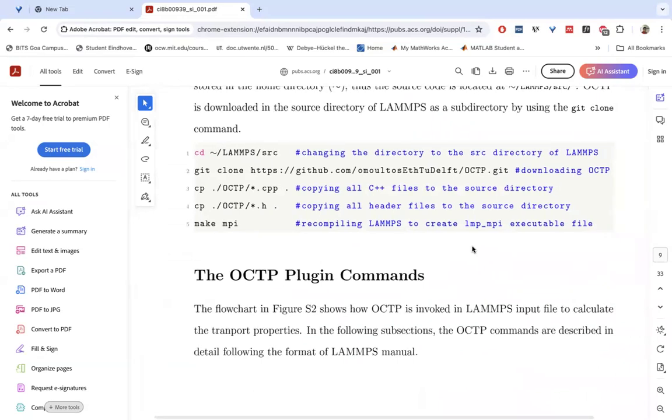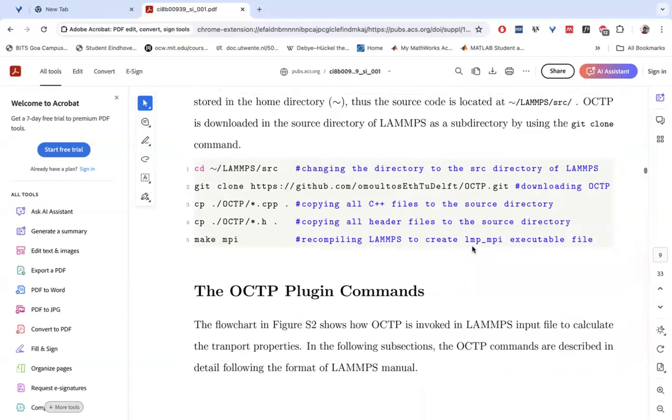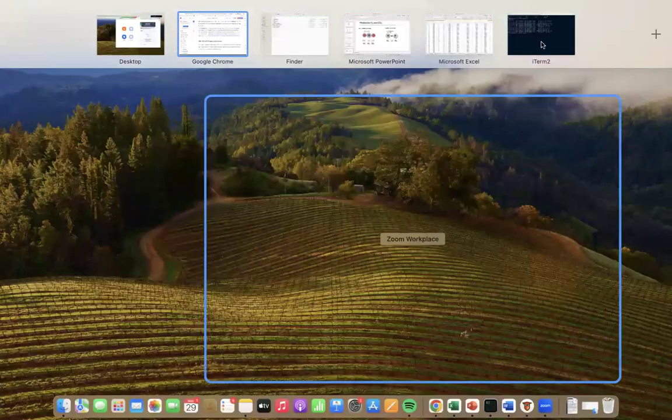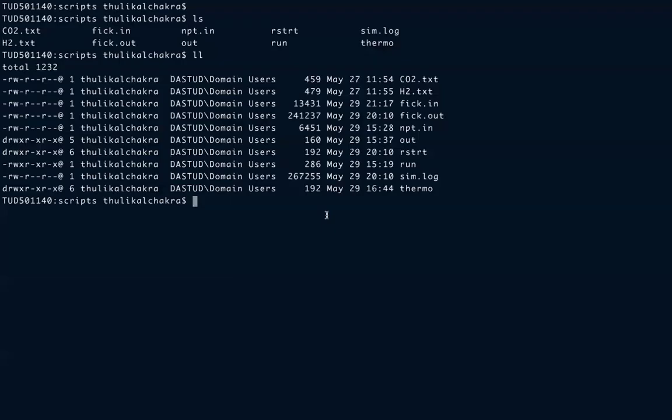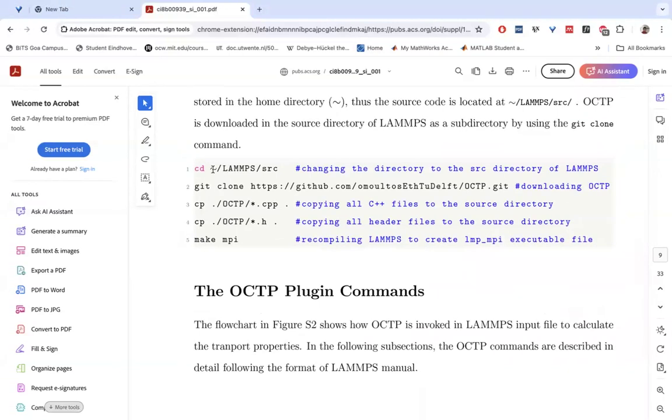Here is a description of how to install this module into your LAMMPS source directory. Let us follow this step by step. We first go to the home directory of LAMMPS and into the src folder within the LAMMPS directory.